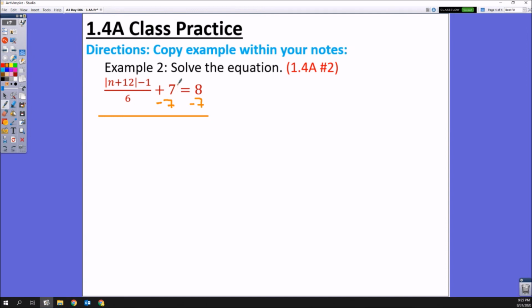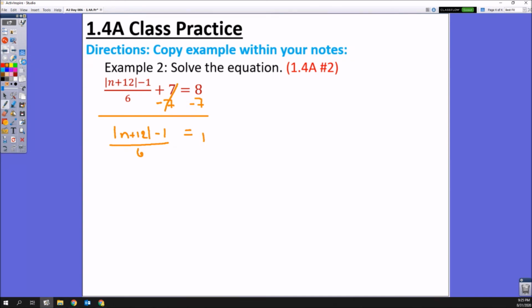So I'm only left with this fraction, the absolute value of n plus 12 minus 1 over 6 equal 8 minus 7, 1. So now it's almost identical to the previous example, as you can see here.